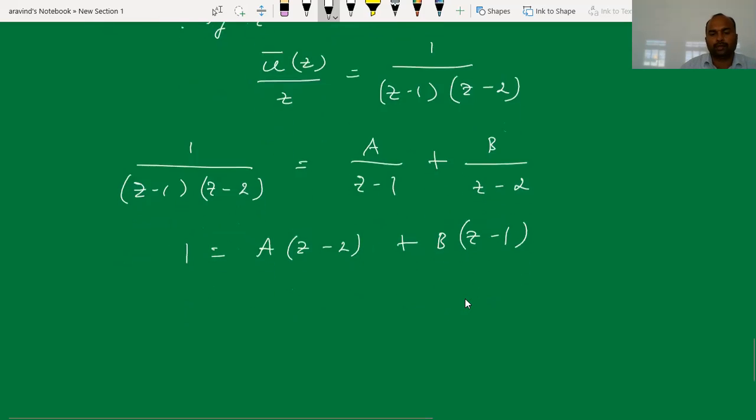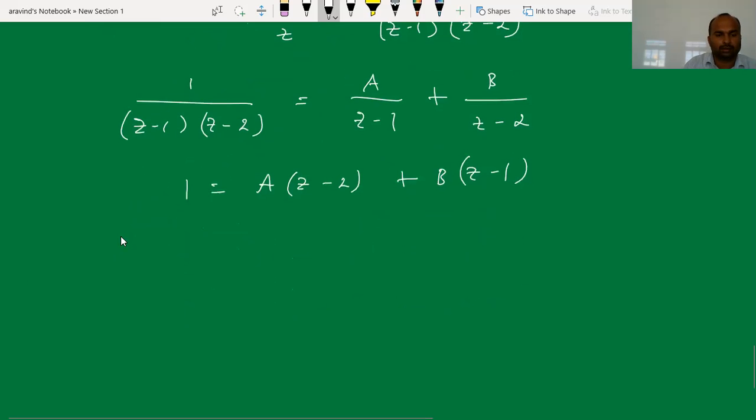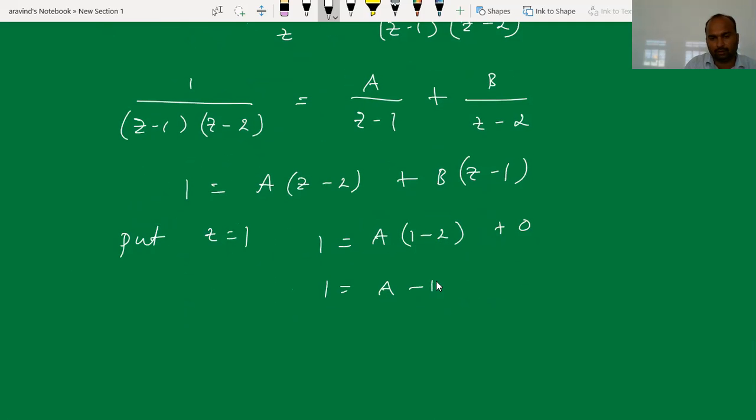Now to find the constants, I'll substitute z equals 1. Left hand side is 1. Here a into (1 minus 2), because the second term will be 0. 1 equals a into minus 1, which implies minus a equals 1, or a equals minus 1.